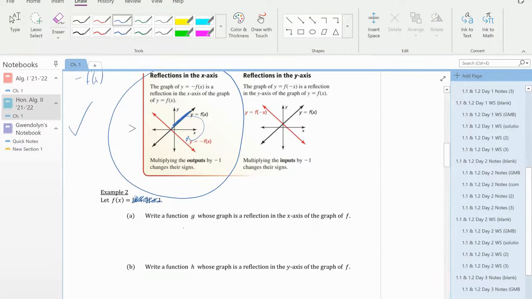So we want the opposite of whatever f of x was. And f of x was the absolute value of x plus 3, plus 1. So you're doing the opposite of all that. It's the opposite of the absolute value minus 1, and that's our new function.